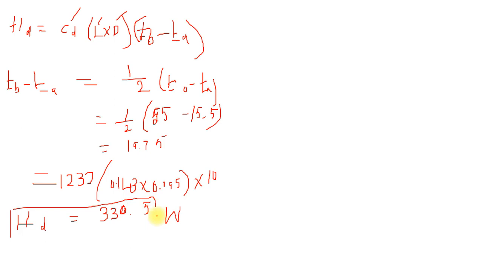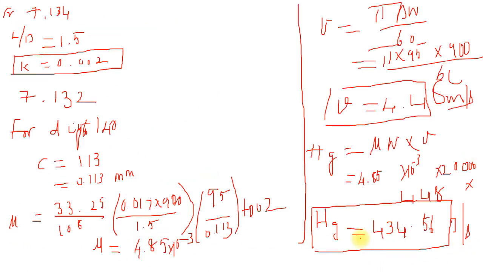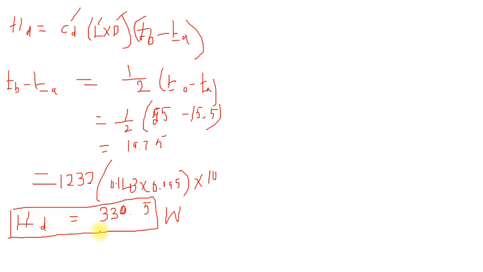So now I have found the heat dissipated as well as the heat generated. You can see the heat generated is higher than the heat dissipated, from which we come to the conclusion that artificial cooling is required.